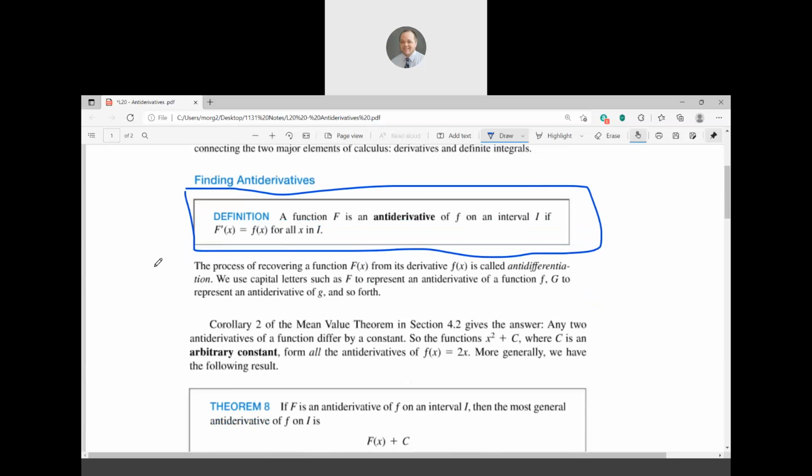The process of recovering a function capital F of x from its derivative lowercase f of x is called antidifferentiation. We use capital letters such as F to represent an antiderivative of a function lowercase f, G to g, and so forth.